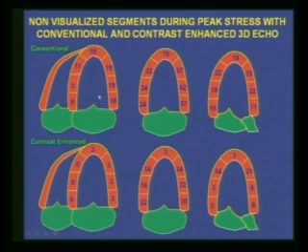In all of these, here are the percentages, the actual number of the unenhanced segments which are not adequately visualized, so cannot be categorized. And when you do the contrast enhanced imaging on the corresponding views, you find that you have a much lesser number of the non-visualized images.